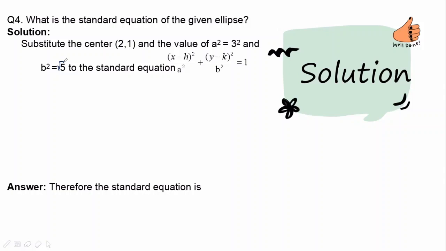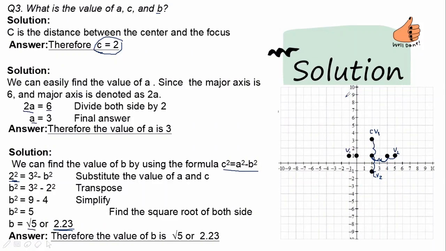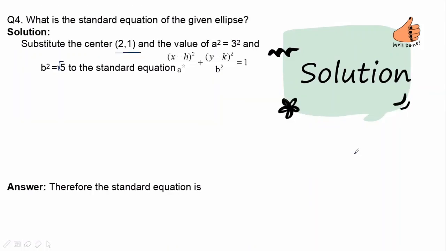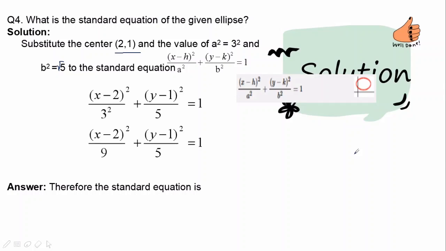So teacher, why this equation? We will use this equation because our center is at h, k, and again, our ellipse is like this. If we go back to question number 3, this is our ellipse, okay? So that's the graph, a horizontal ellipse. Therefore, we will use the equation for a horizontal ellipse with h, k center.